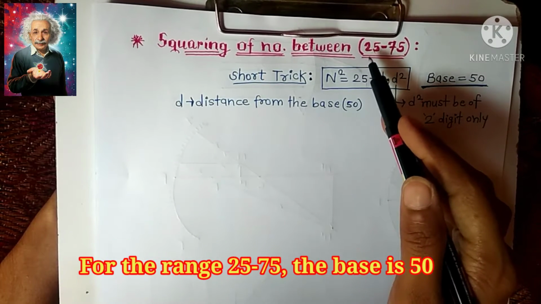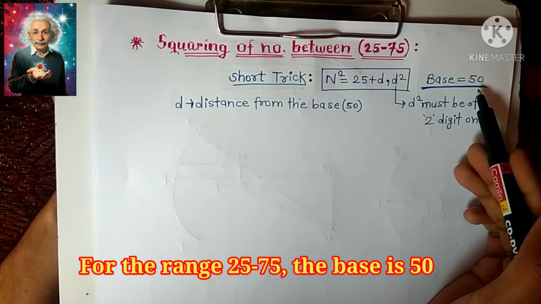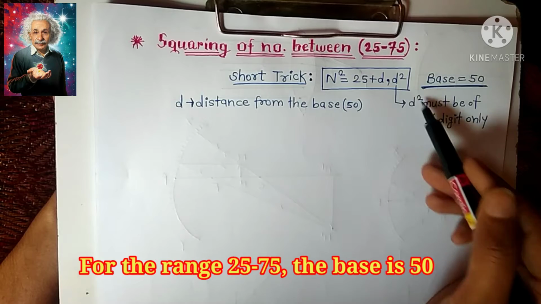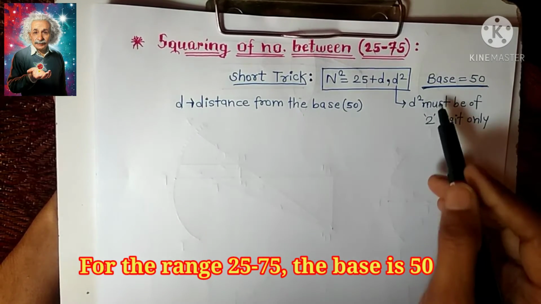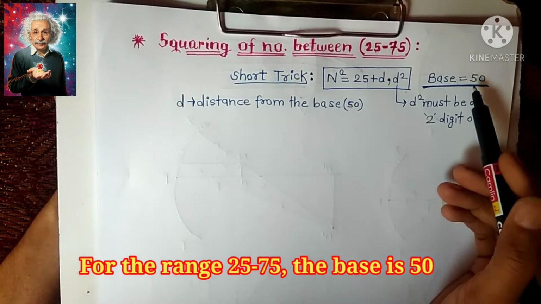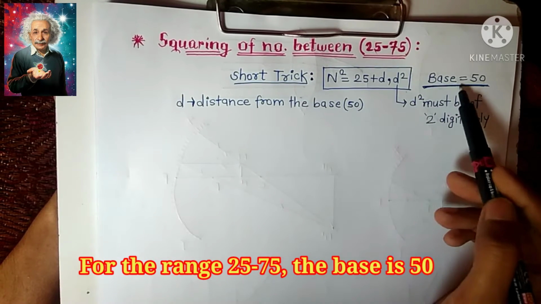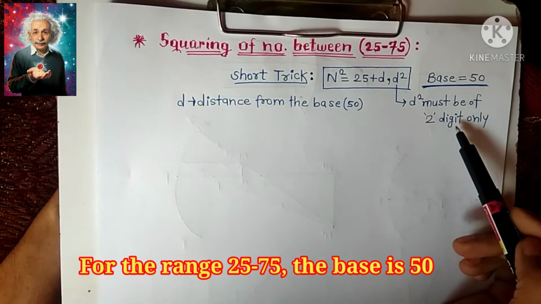For the range 25 to 75, the base is considered as 50 and here the value of d square must be of 2 digit only. So remember this trick, and the main thing is for the range 25 to 75 the base is 50 and d square must be of 2 digit only.